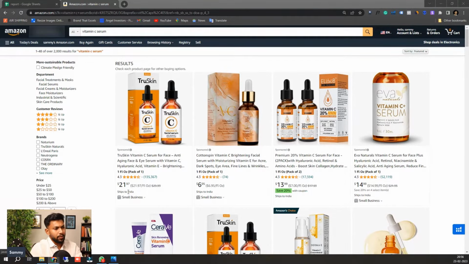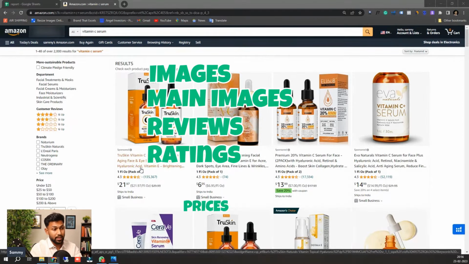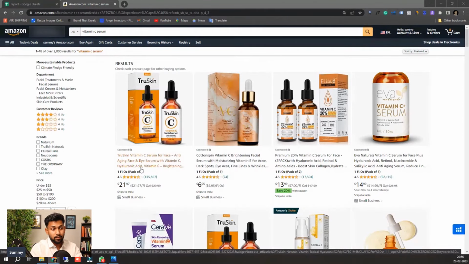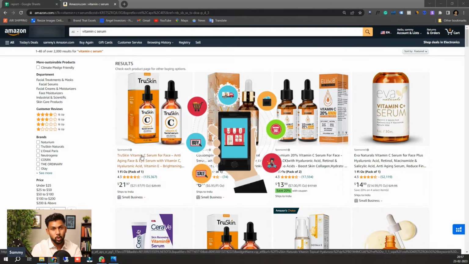So first, as I've told, the main image, then reviews and ratings, then prices. These are the front-end parts that show up in the ad, and they are the most important parts that influence your CTR. Now, when you look at mobile, because mobile optimization is very important and a lot of conversions happen through mobile, the whole title doesn't show up.